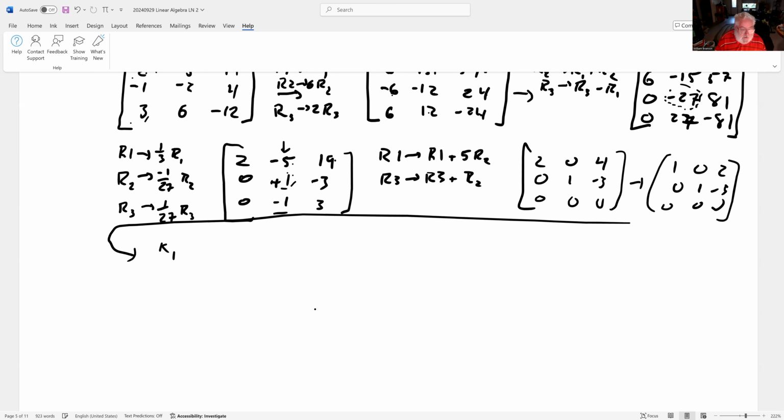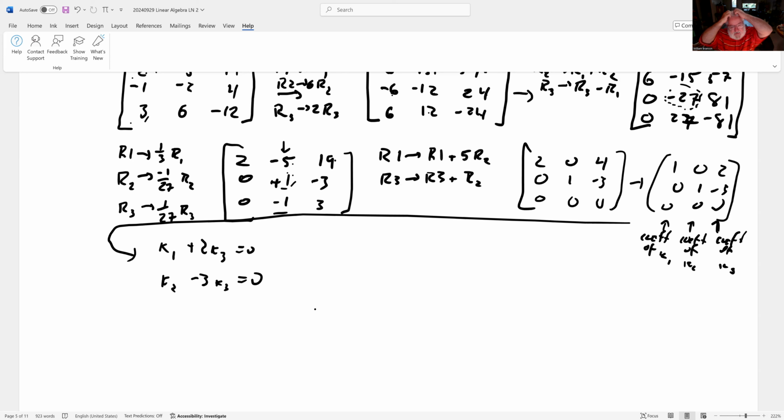This becomes K1 plus 2 K3 equals 0, K2 minus 3 K3 equals 0, because this first column is the coefficients of K1, coefficients of K2, coefficients of K3. So what this procedure does is it takes our method of reduction and it just systematizes it.